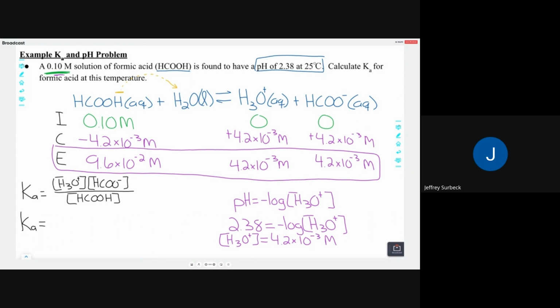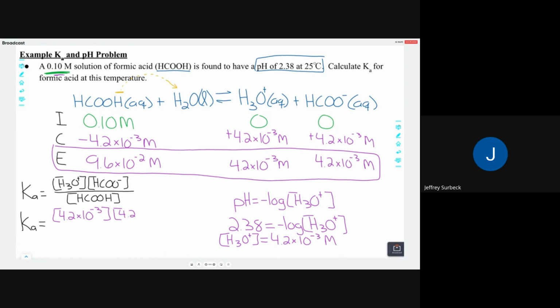So I'm going to switch to my purple numbers here that I put in. My H3O plus concentration is 4.2 times 10 to the negative third times that same exact number, which if you want to square it in your calculator, that is perfectly fine.